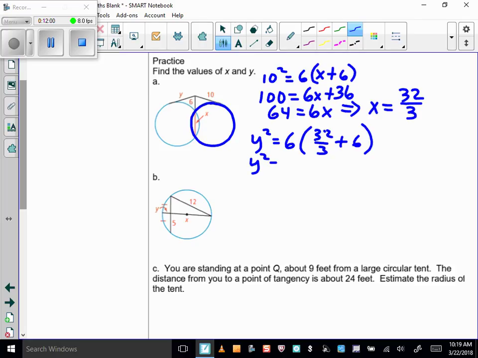So y squared is, let's see, 3 will go into that 2. So that'll be 64 plus 36, which is 100. So therefore y equals 10. I thought it was going to be 10 because it looks the same, but I really can't just decide that it's the same just because it looks the same, right?